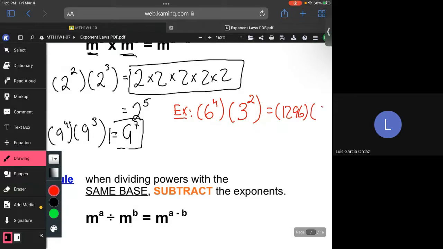Alice? 9. And now we just multiply those two numbers together, and that should give me 11,664. Okay, so again, when we don't have exponents with the same base, you have to evaluate each exponent individually and then multiply the two numbers together.